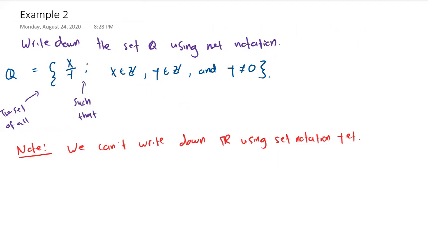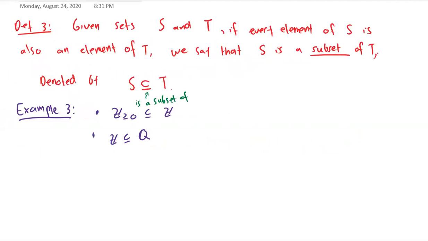Well, x over 1 is just itself. So really, that's just the same set as the set of integers. So let me make a note of that: set y equal to 1 in the definition of the set of rational numbers.